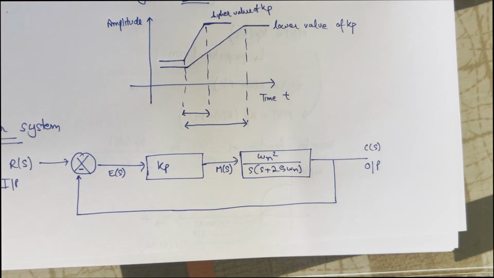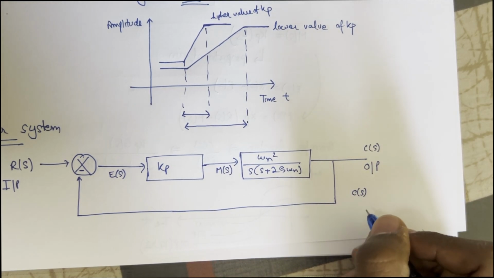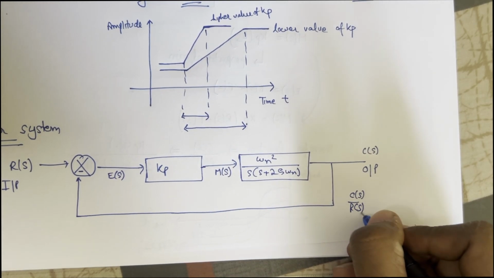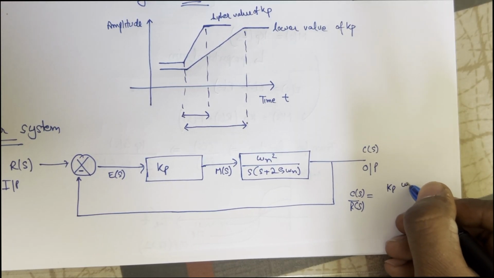Now we can write the transfer function as C(s) by R(s), which is equal to Kp into omega n square.